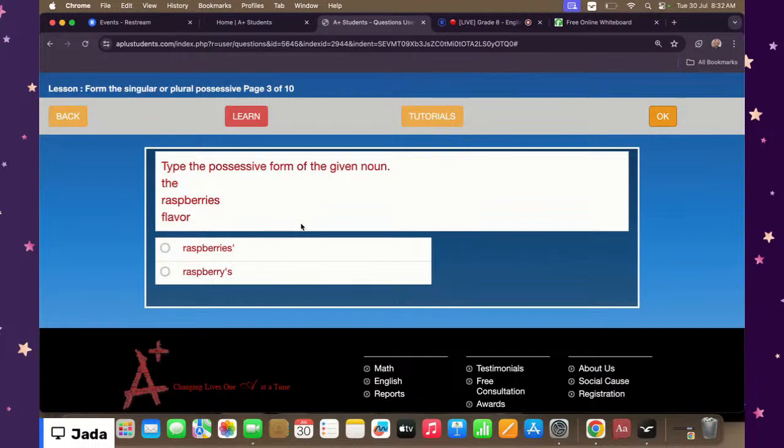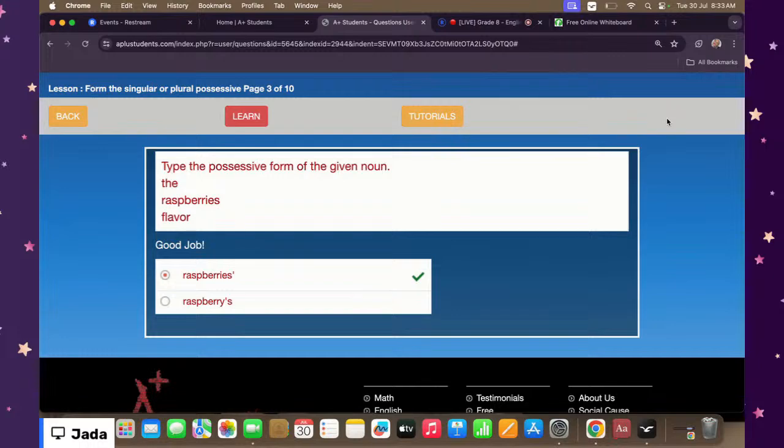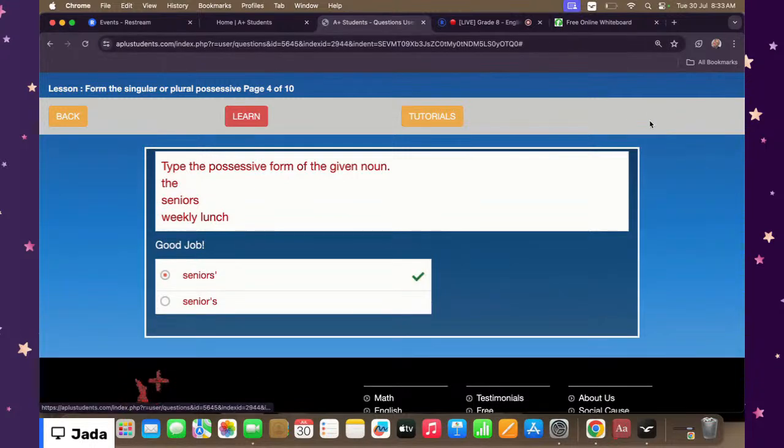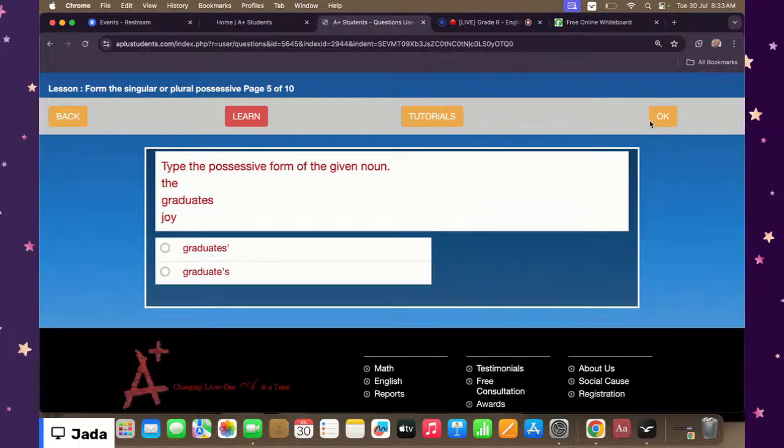Type the possessive form of raspberries. The raspberries flavor. Like this for raspberries. Yes. Okay. The seniors weekly lunch. The seniors. So seniors already has S. It's going to be an apostrophe after the seniors. Okay. All right. So that's basically everything.